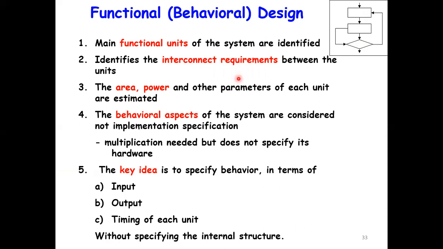We also consider the area, power, and other performance of each unit, which are estimated. In this stage, the behavioral aspect of the system is also considered, a non-implementation specification. Multiplication is needed but it does not specify its hardware. The key idea to specify the behavior is the input output timing of each unit without specifying the internal structure.